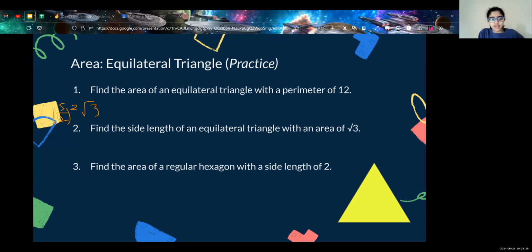So if S is equal to the side length, then the area is S over 2 squared square root 3. Or that can also be simplified to S squared square root 3 over 4.